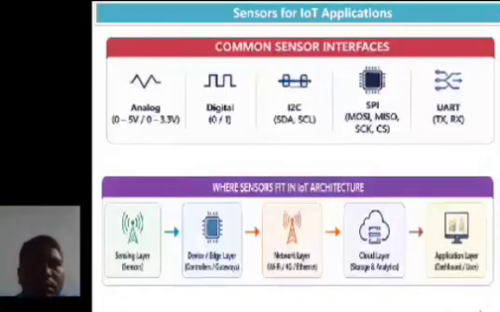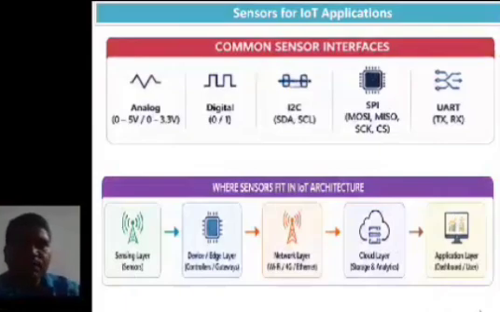Here I have given some of the common sensor interfaces. The interfaces are mainly used to communicate between the sensor and the microcontroller. Analog means a continuous signal. Digital is binary, either 0 or 1. Then I2C, inter-integrated circuit, is a two-wire communication.